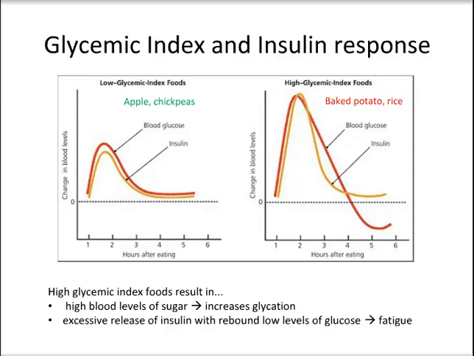The glycemic load for a serving of a fruit, say an apple or an orange, here we see an apple or an orange, is relatively small compared to a serving of apple juice or orange juice. And that's probably because the fiber in the fruit slows down the absorption of the glucose.